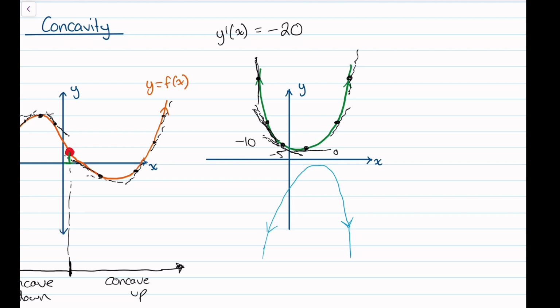So notice in this situation for the green graph, the gradient is always increasing. From negative infinity all the way to positive infinity, the gradient is always increasing. So this entire function is what we call concave up.